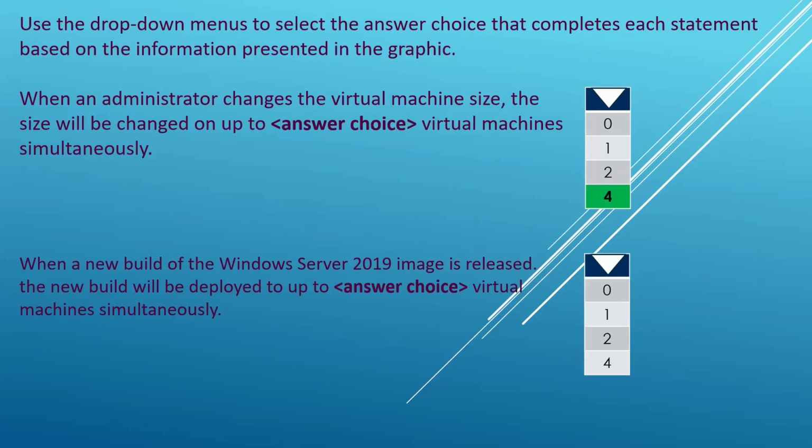And to minimize the application downtime, upgrades take place in batches with no more than 20% of a scale set upgrading at the same time. That means 20% of 4 is 0.8, so a maximum of 1 VM will be updated with the new build at a time.